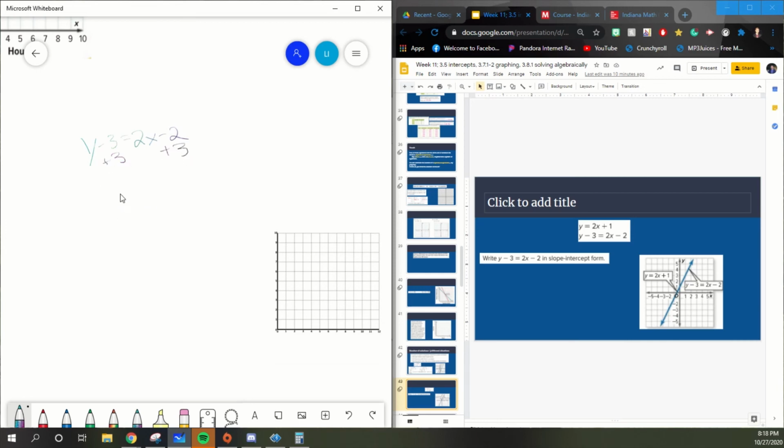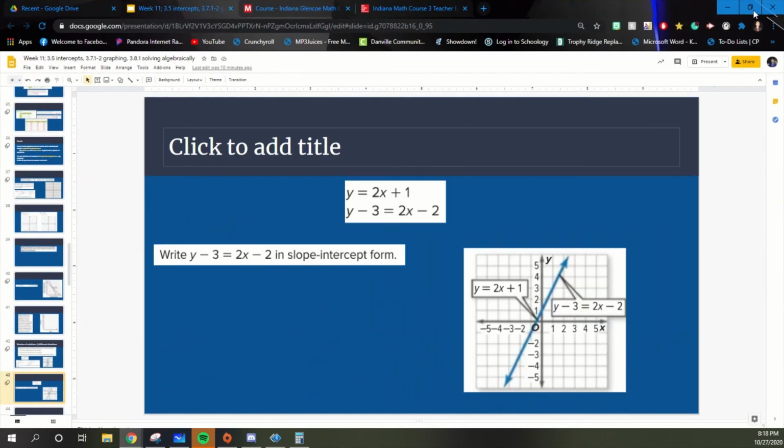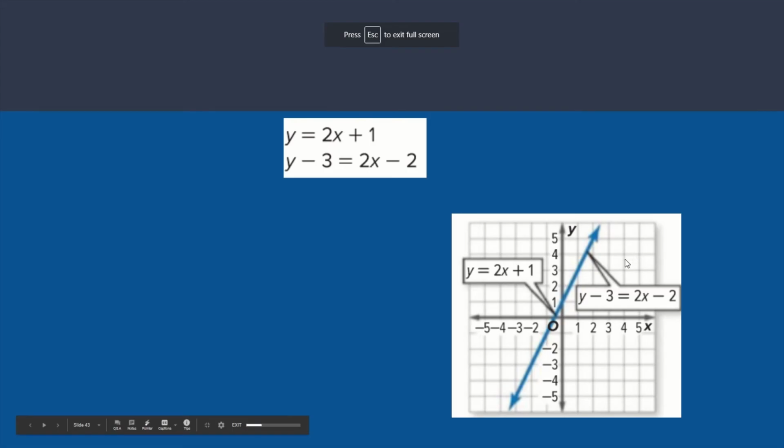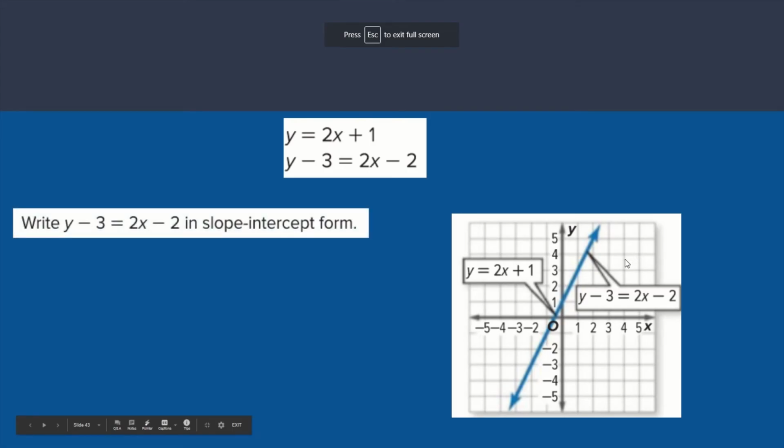Once I add 3 to both sides, I have y is equal to 2x plus 1, which is equivalent to that first equation they've already given us, y equals 2x plus 1 right here. Which means we're really graphing the same line, which means our answer would be an infinite number of solutions.